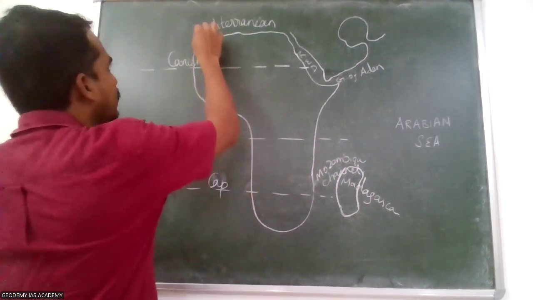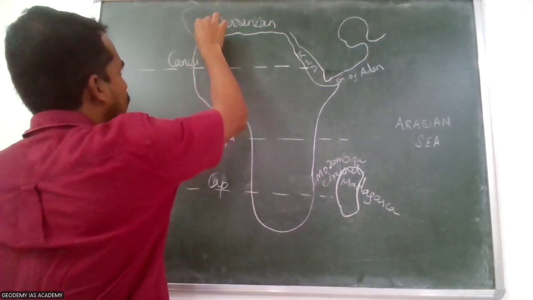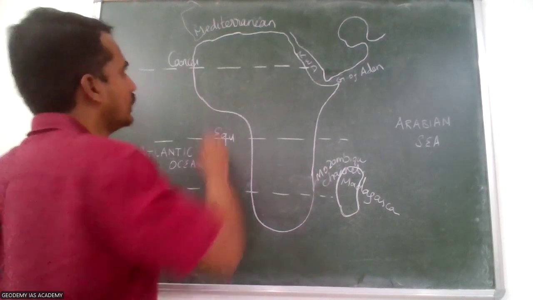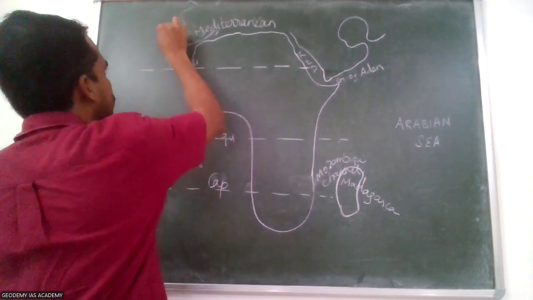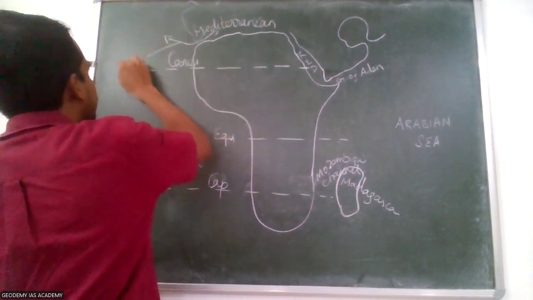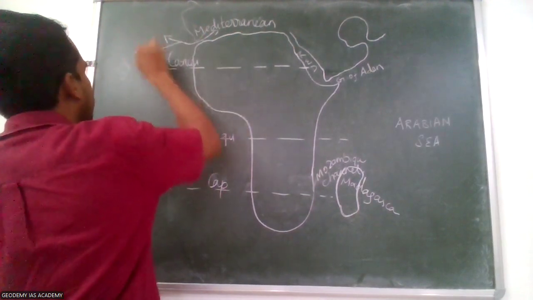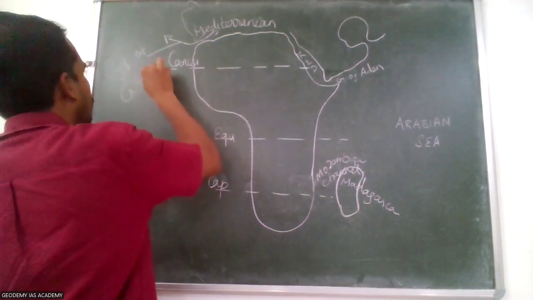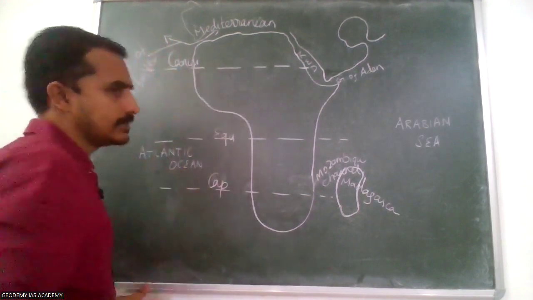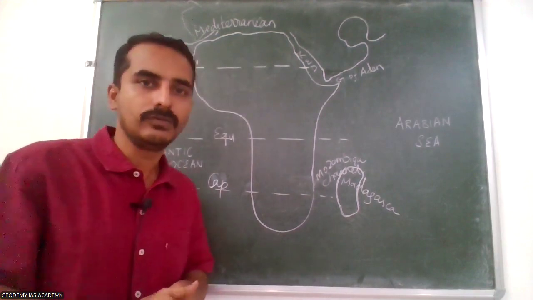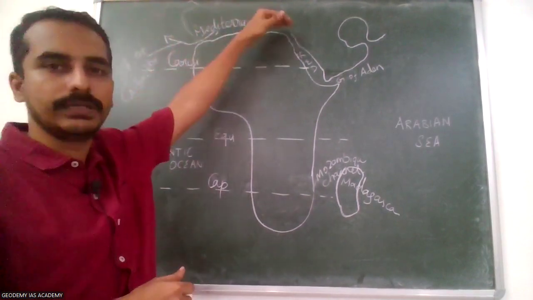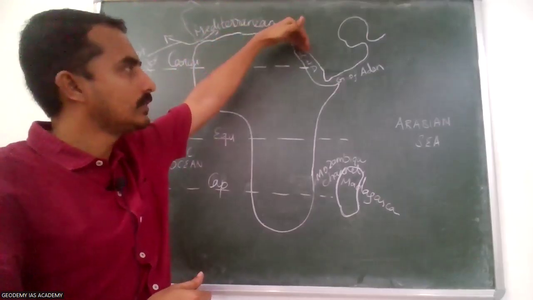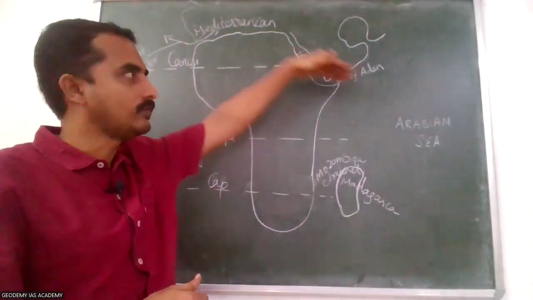Here is the European part, the Spain border, and the Mediterranean Sea and the Atlantic Ocean are connected by the Strait of Gibraltar. It is an important strait, because through the Gibraltar Strait we access the southern European countries, and then come through the Suez Canal and Red Sea to the Asian countries.